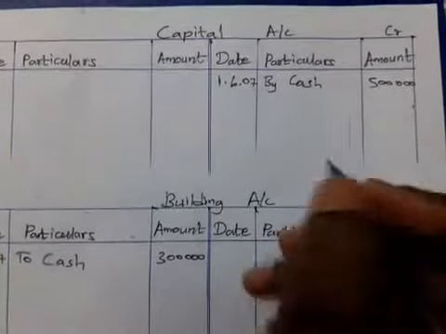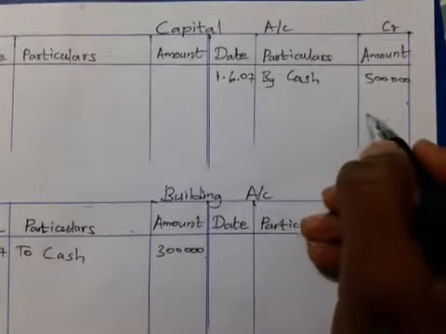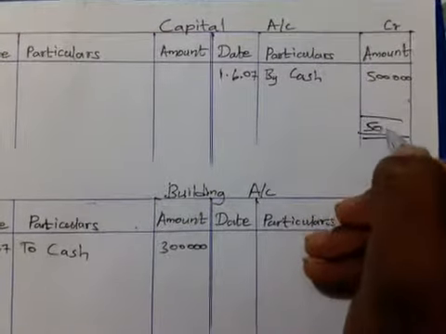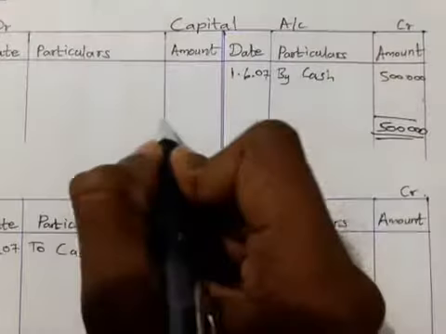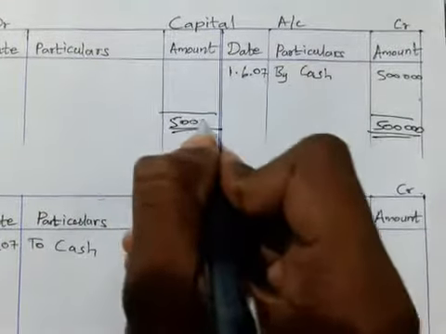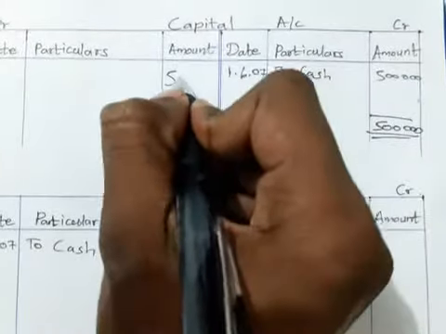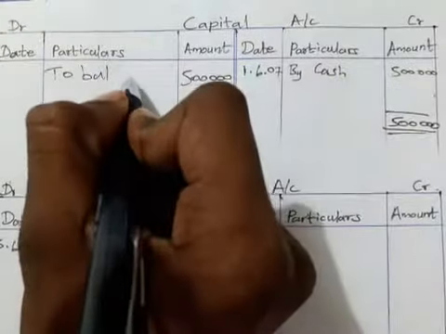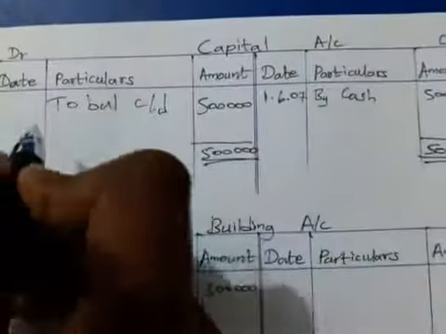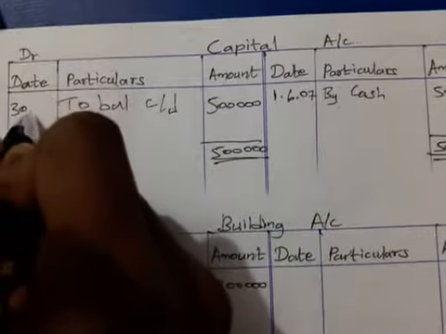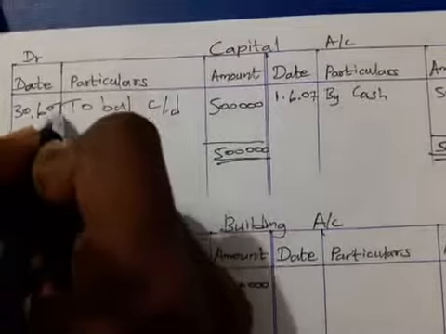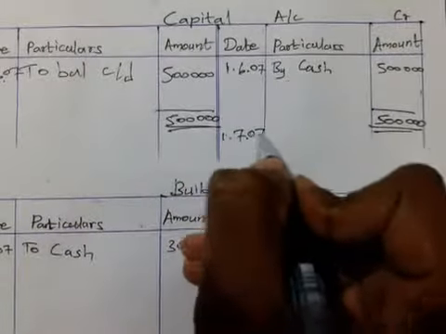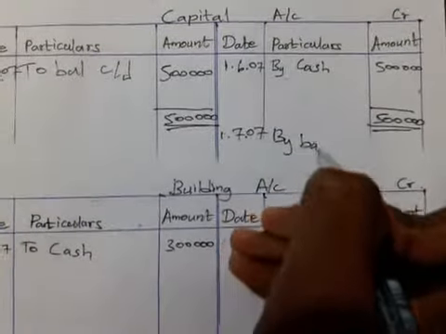In the capital account, there are 5 lakhs on the credit side, so no balance on the debit side. We'll take 5 lakhs. To balance carried down. End of the financial year. By balance brought down.